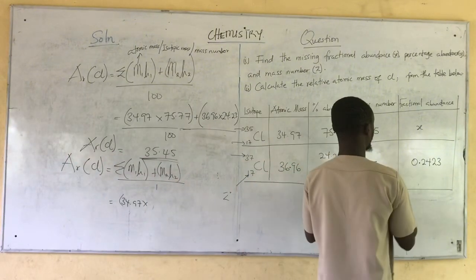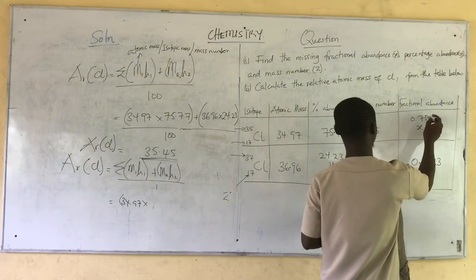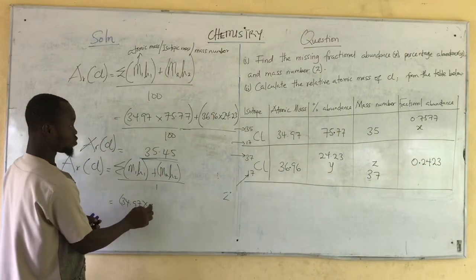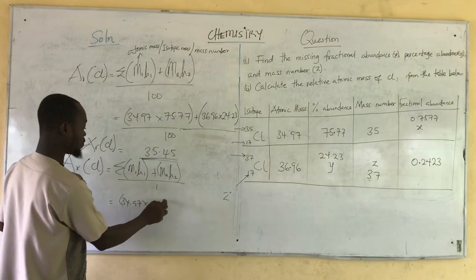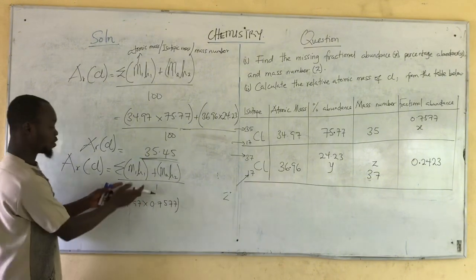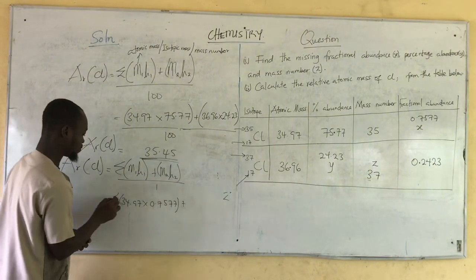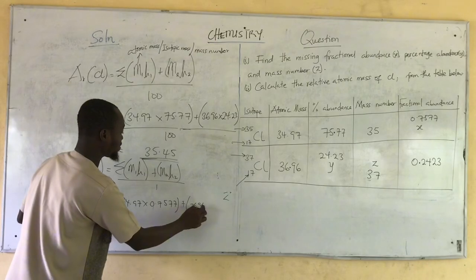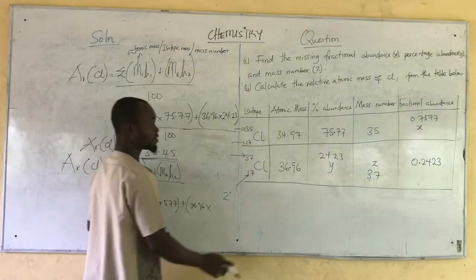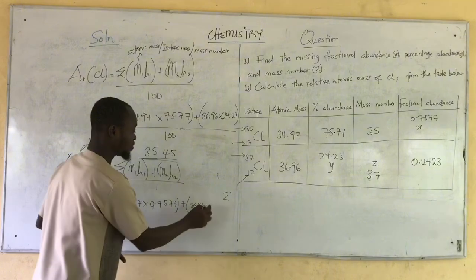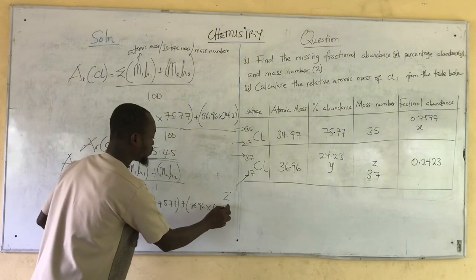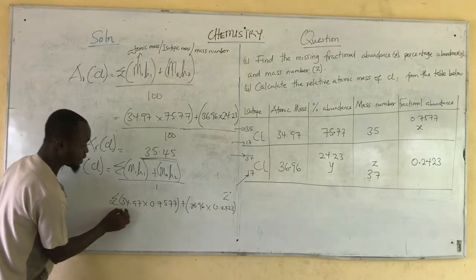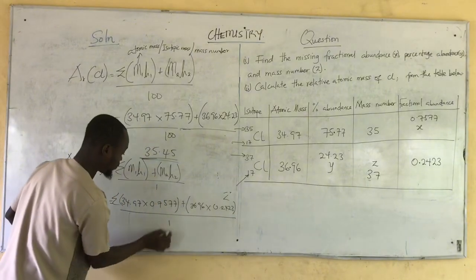The fractional abundance over here was 0.7577 per our calculation at the initial stage. So multiplied by 0.7577 for the first one, plus the mass of the second one, 36.96, multiplied by its abundance, 0.2423. Please, that is the fractional abundance. We are using the fractional abundance method, all divided by 1.